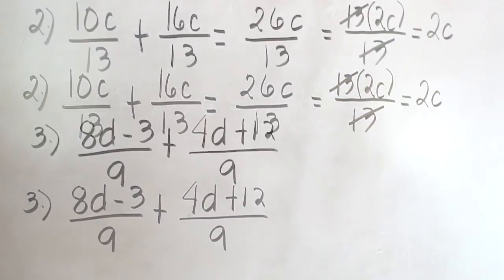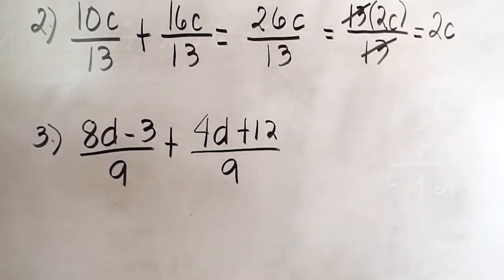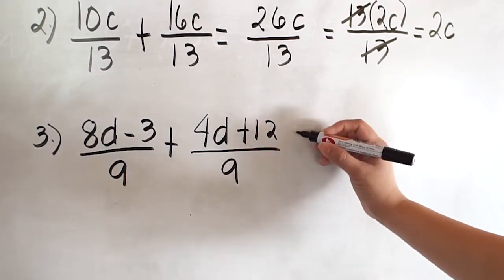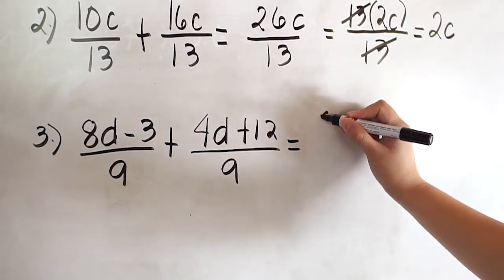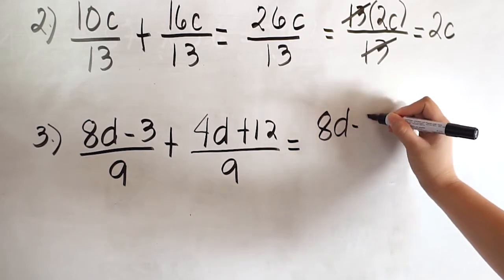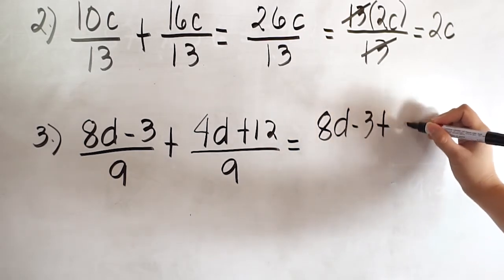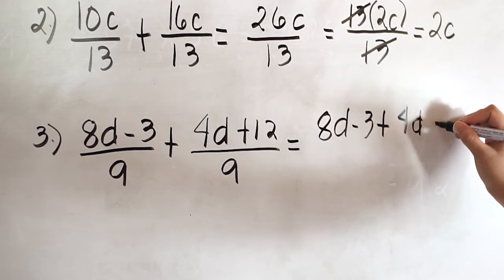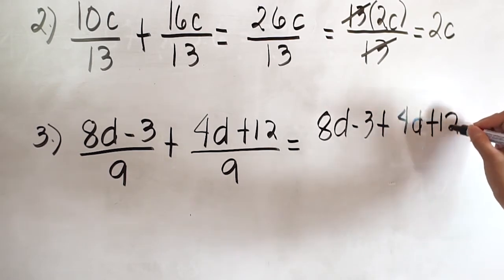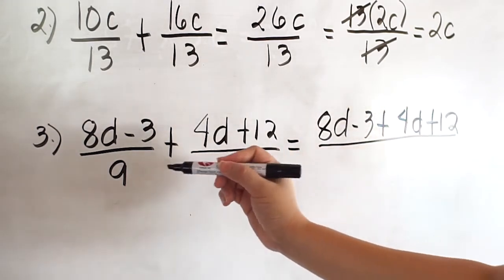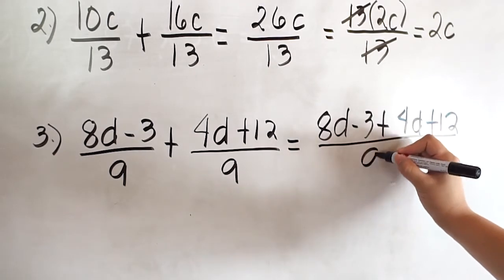2C. Number 3, 8D minus 3 over 9 plus 4D plus 12 over 9. So first, we have to add the numerator. So we will just copy the numerator. So 8D minus 3 plus 4D plus 12 over, copy their common denominator, which is 9.